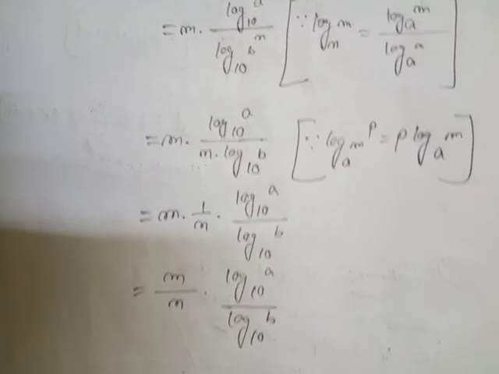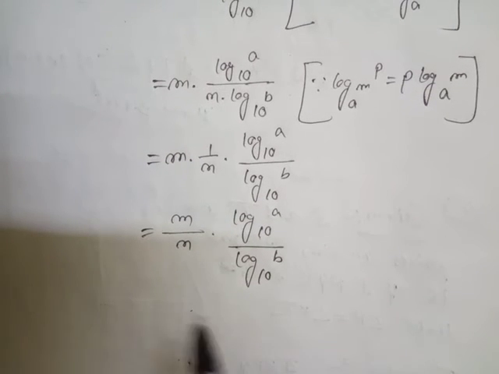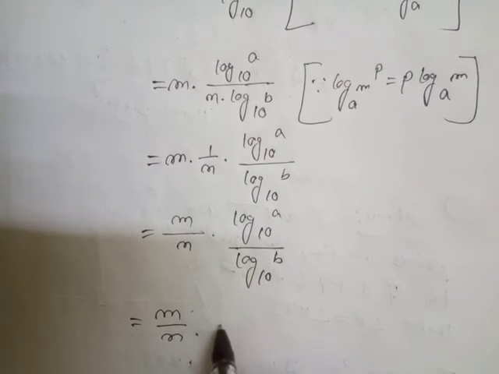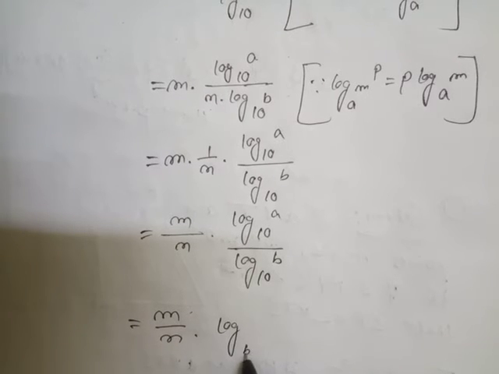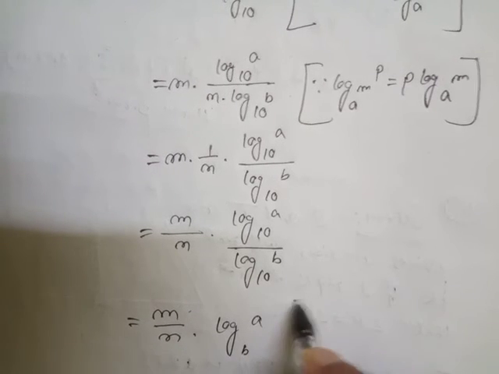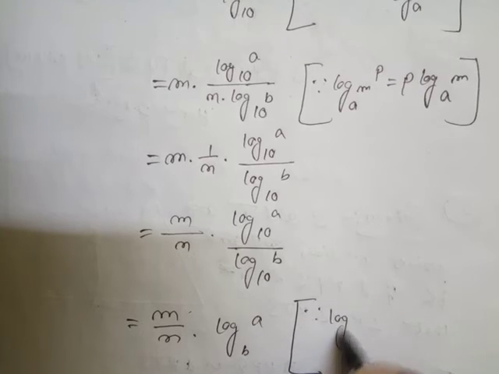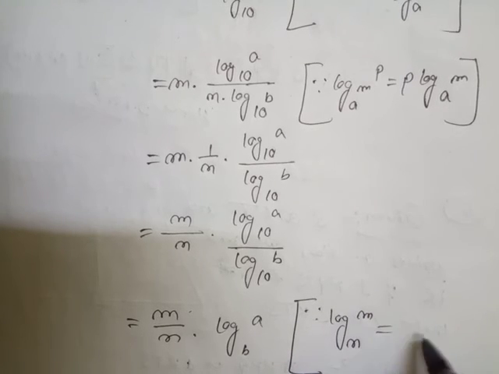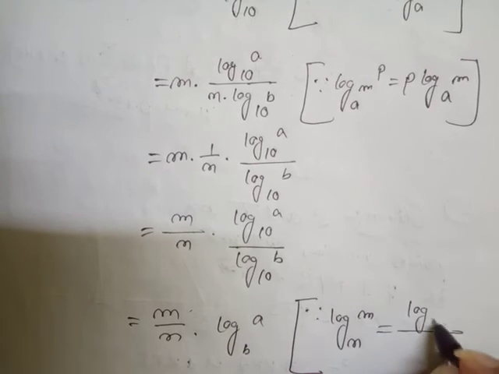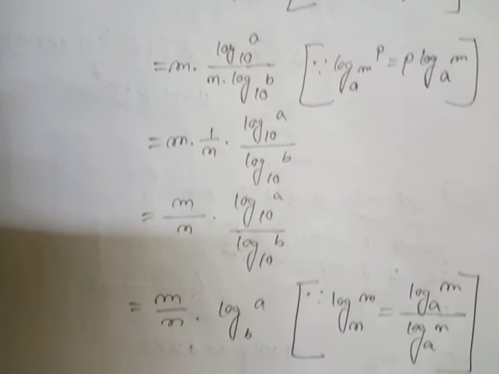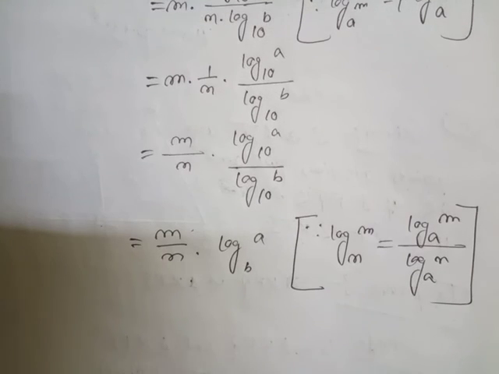Now again we can write this as m by n times log base b of a. Why? Here is the reason again. Since log base n of m equals log base a of m over log base a of n, using this formula here. So this is our RHS.